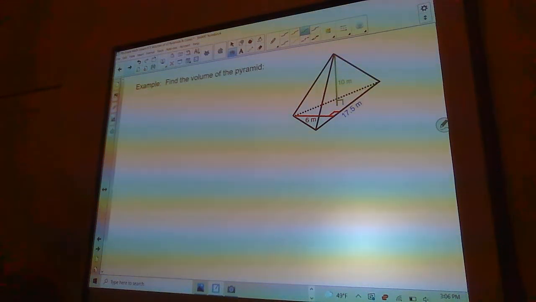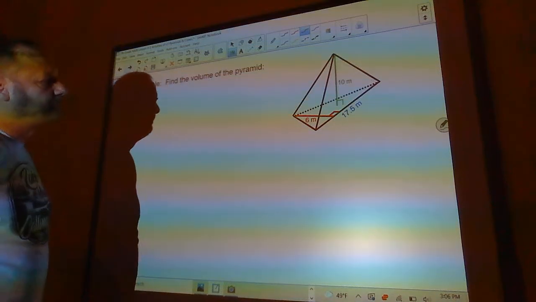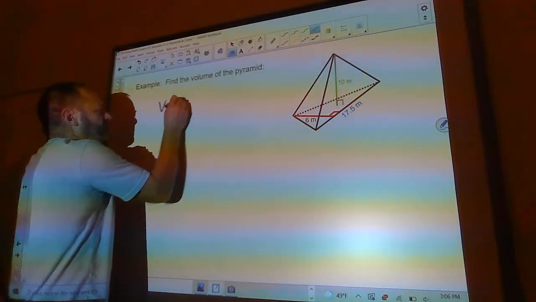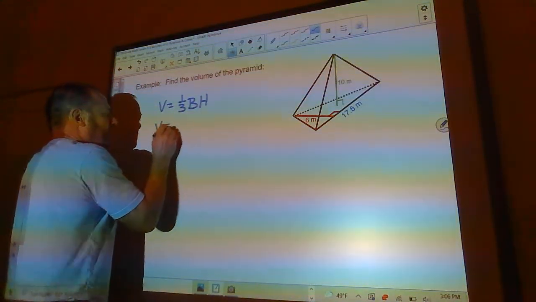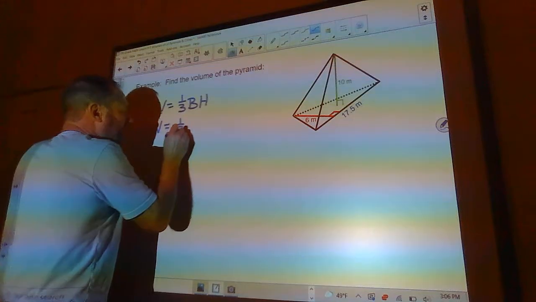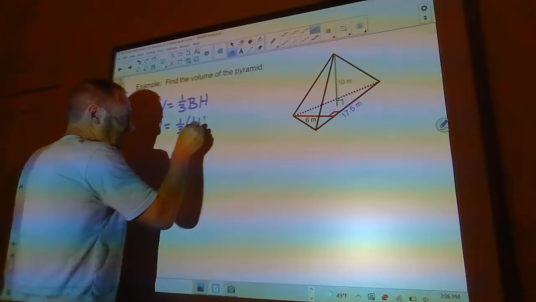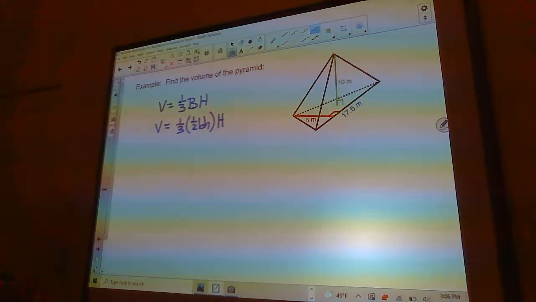Here's kind of a weird one. I've got this weird triangular pyramid. I've got to watch out for this one. Again, the volume is 1/3 the area of the base times the height. Now the base area is a triangle, so it's going to be half its base times its height, times the height of the pyramid.